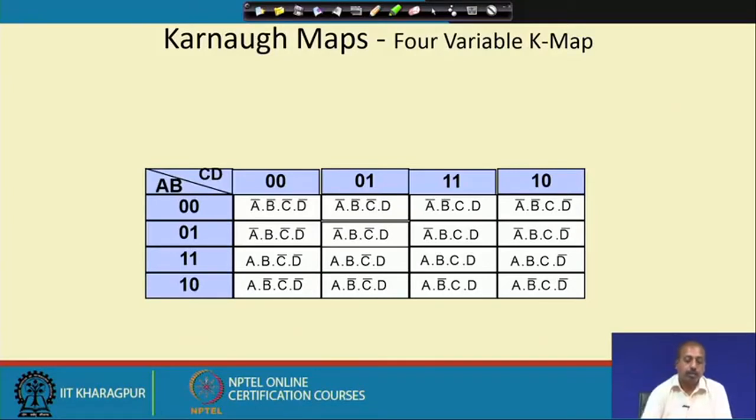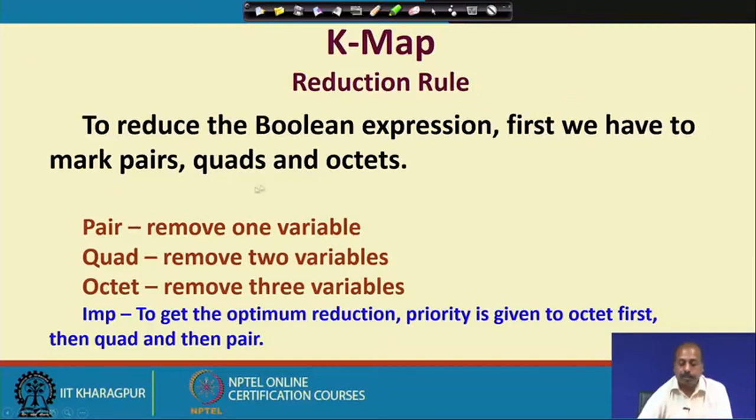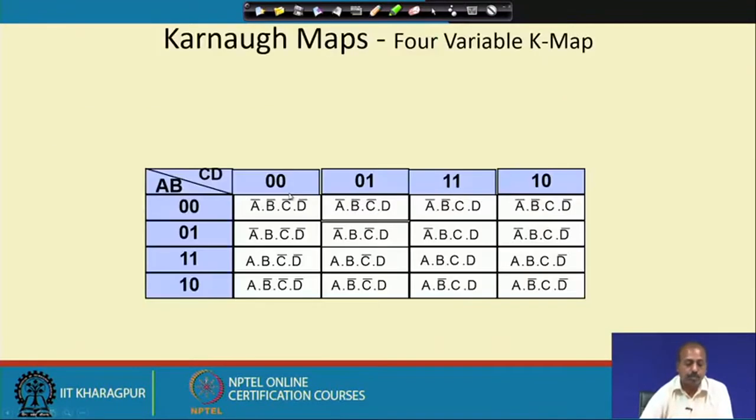In the row we have, say, we write it like this. So, this diagonal line. Below we write the variables that will be represented by the individual values of these rows. So, we have this AB value. AB equal to 00 corresponds to the first row, AB equal to 01 corresponds to the second row, like that.